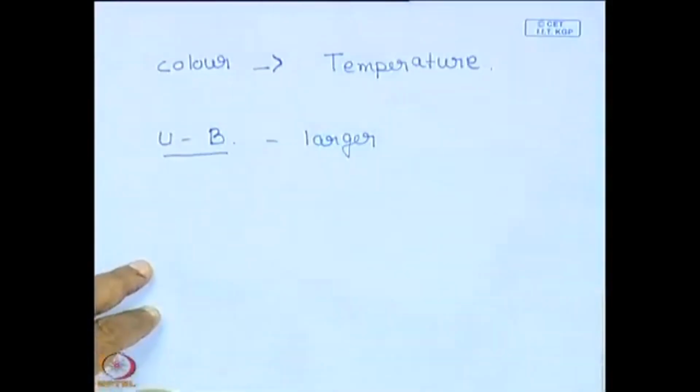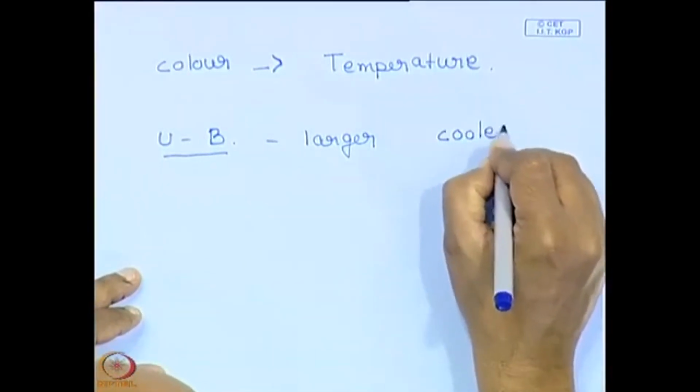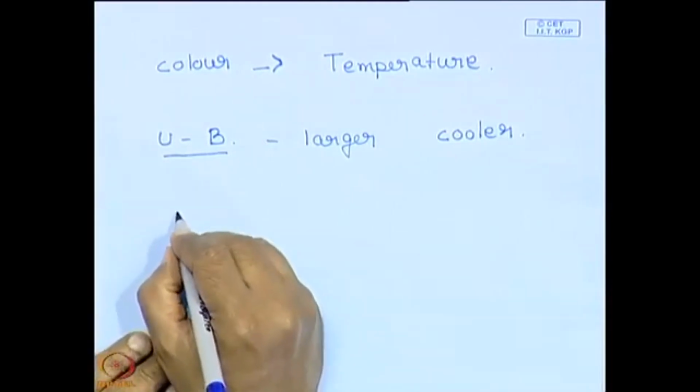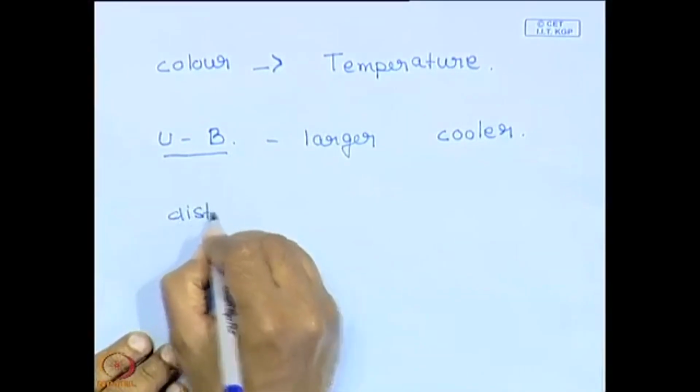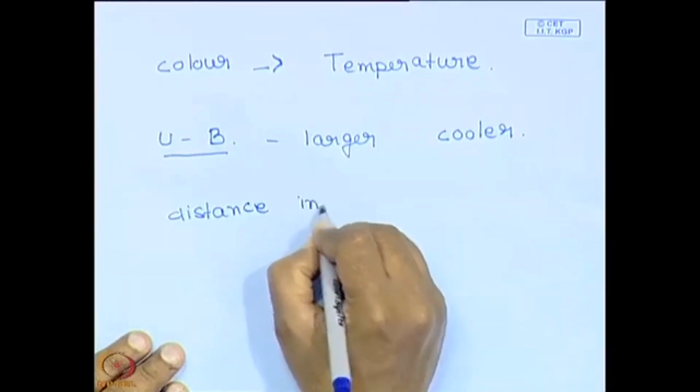So if it is larger, it tells us that I am looking at a cooler source. So the color gives an estimate of the temperature. The color information is independent of distance. Since it's a ratio of fluxes, it's distance independent.